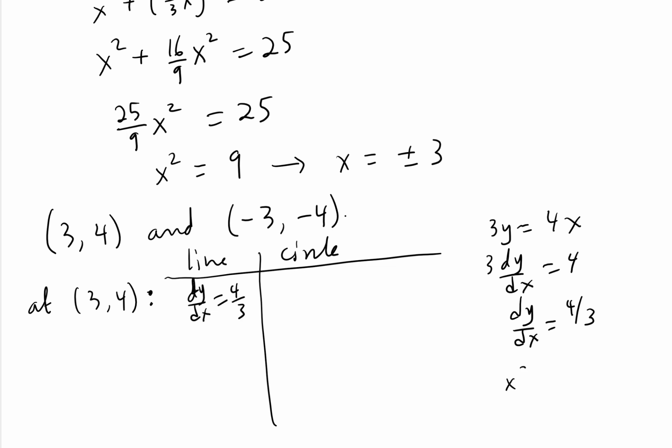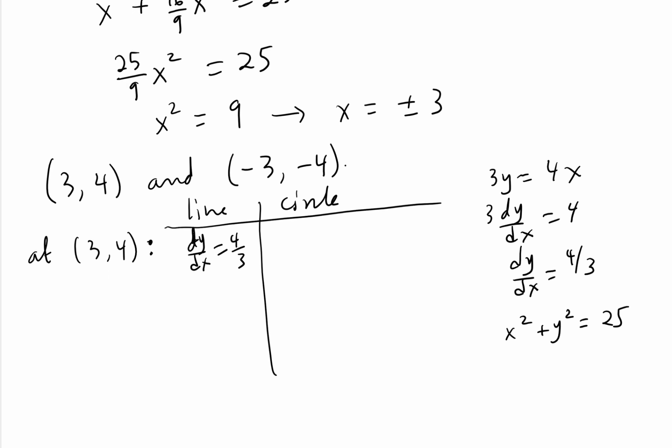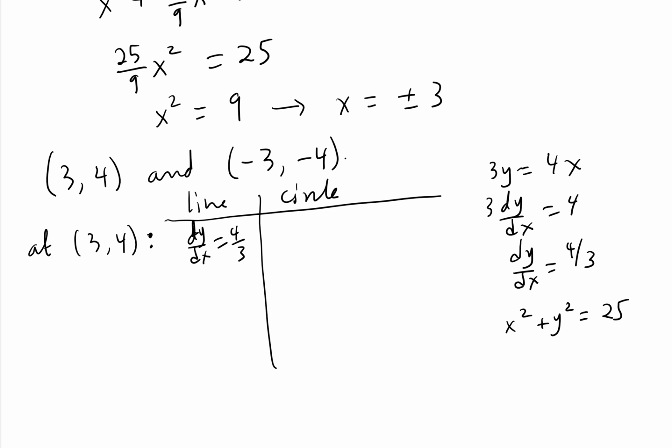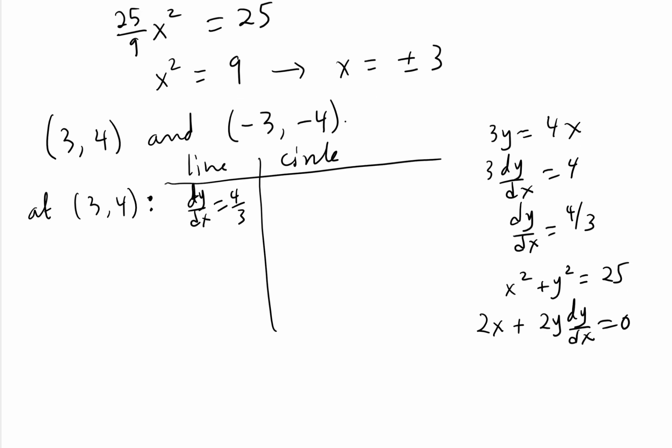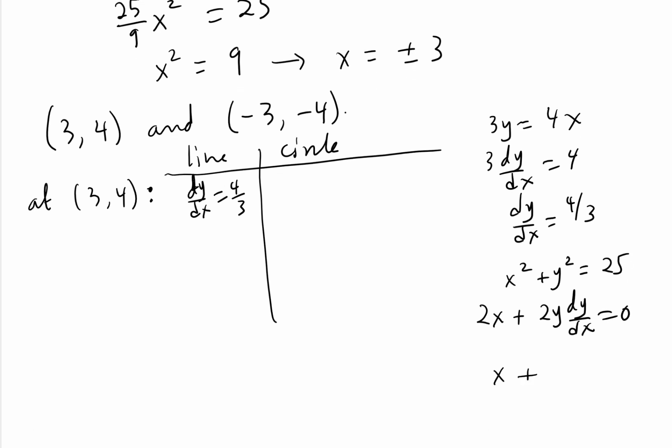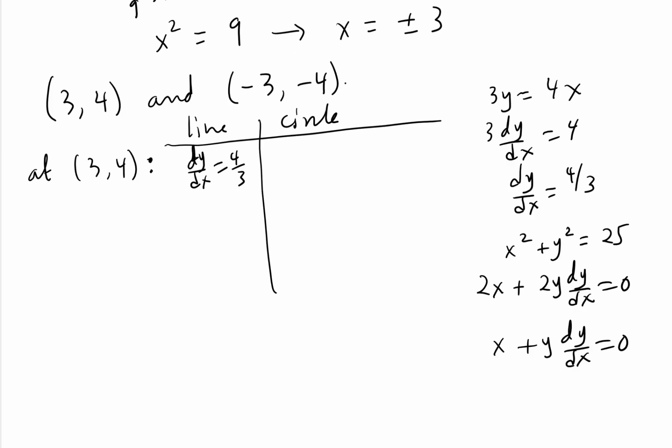For the other one, x squared plus y squared is 25. Differentiate both sides: 2x plus 2y dy/dx equals 0. Divide everything by 2, so x plus y dy/dx is 0.